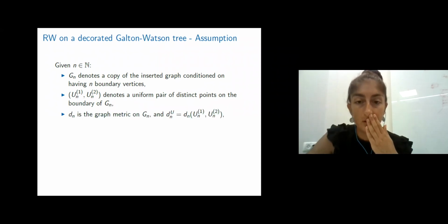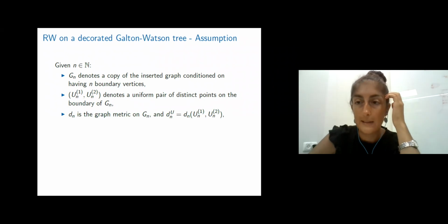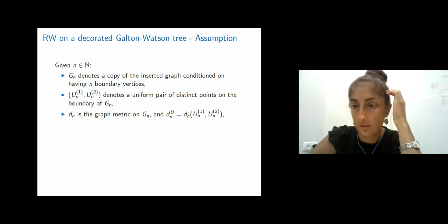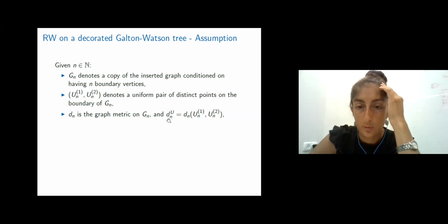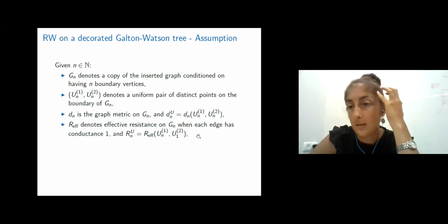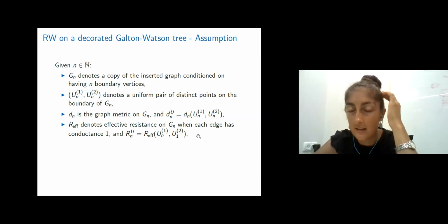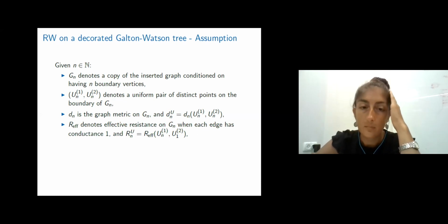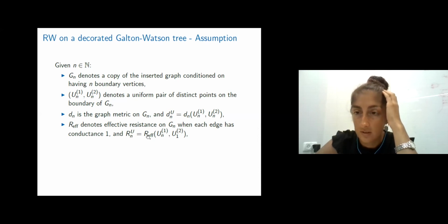And we're mainly interested in things to do with the graph metrics. So dn will just be the graph metric on Gn, sorry. And we will look at this distance between two uniform vertices a couple of times. And then the second thing that I said we had to look at is the effective resistance. So similarly, we'll also let R denote the effective resistance between these two boundary vertices.